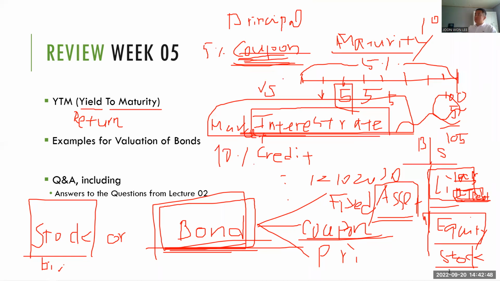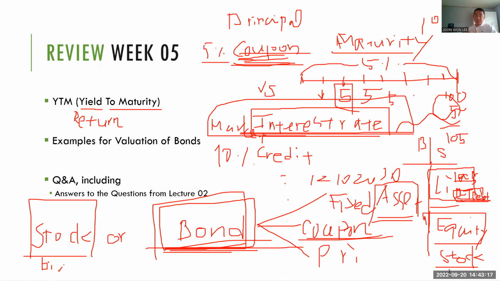Then this coupon rate is pretty low compared to the current market interest rate. As an investor, in terms of the value of this bond, the price should be lower.